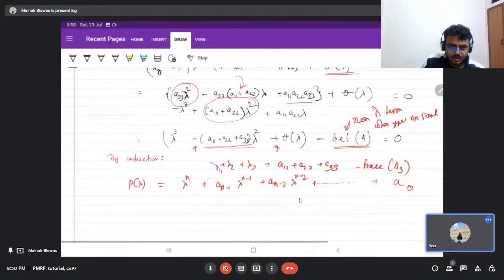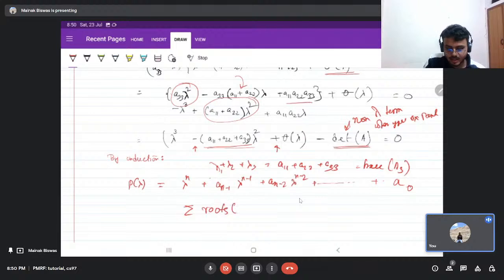So what do we know? The sum of the roots of lambda is equal to negative a n minus 1.